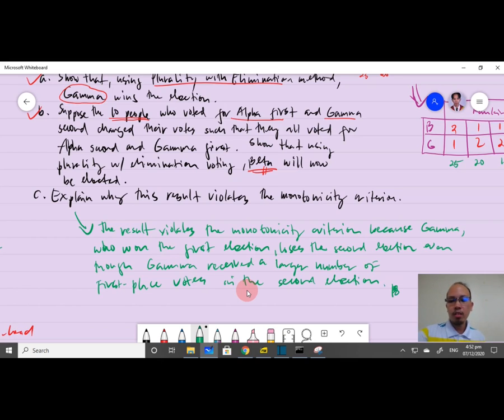Okay, so that's the reason why the monotonicity criterion is being violated.